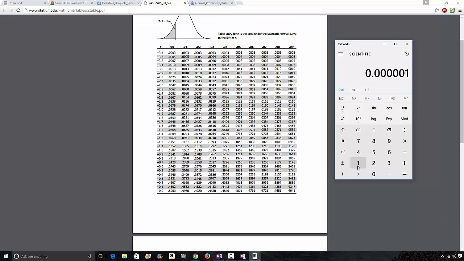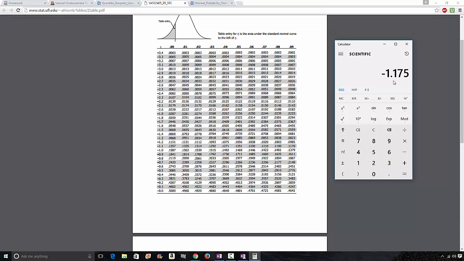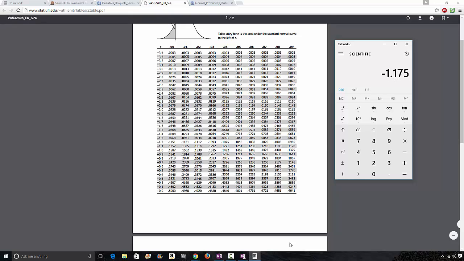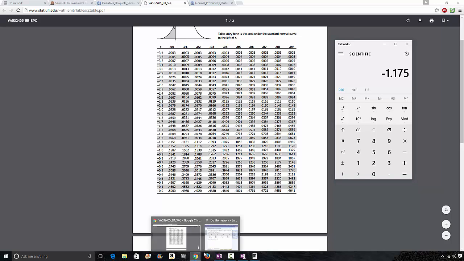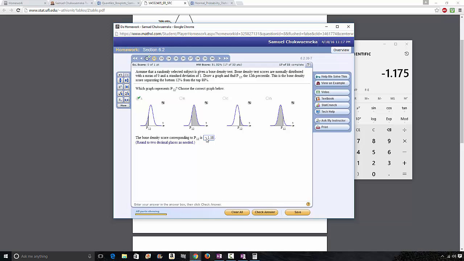That gives you negative 2.35 divided by 2, so negative 1.175. If we round it to 2 decimal places, it is negative 1.18. So this will be negative 1.18.